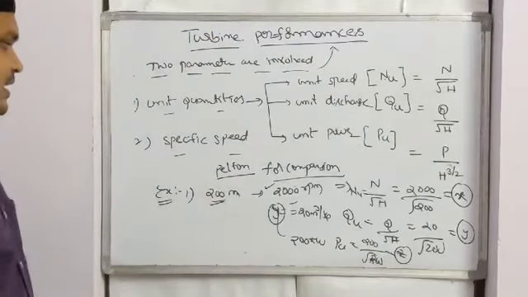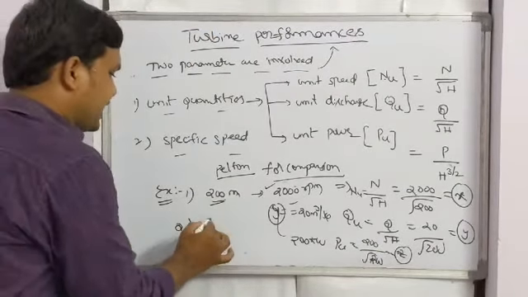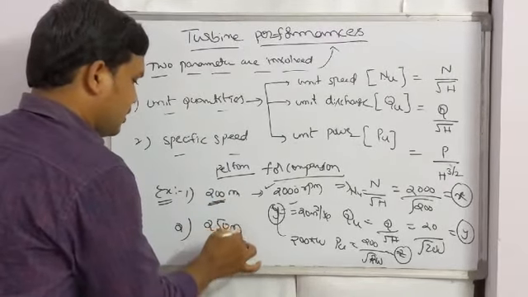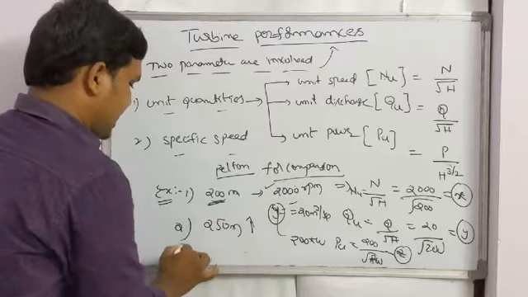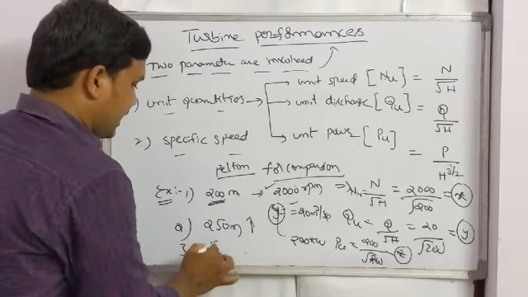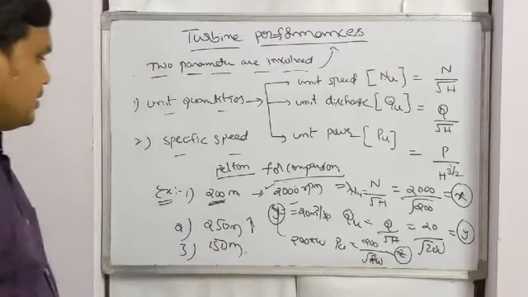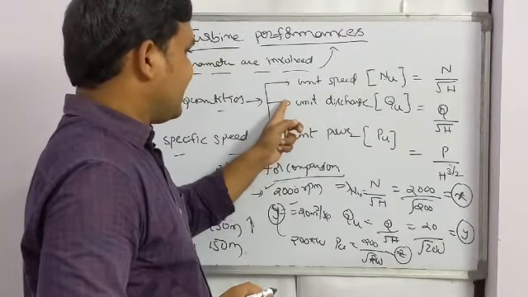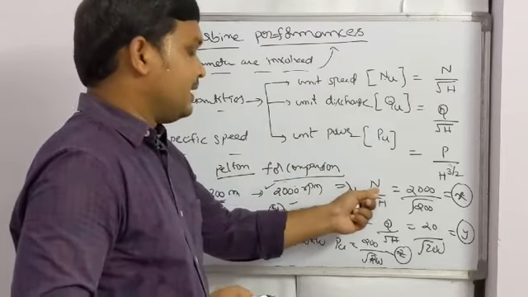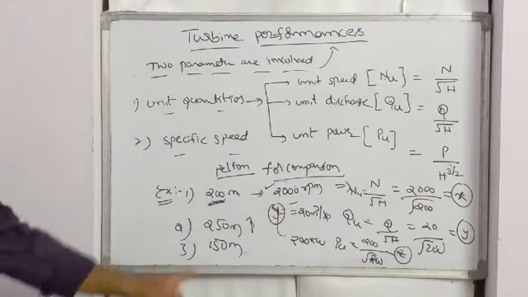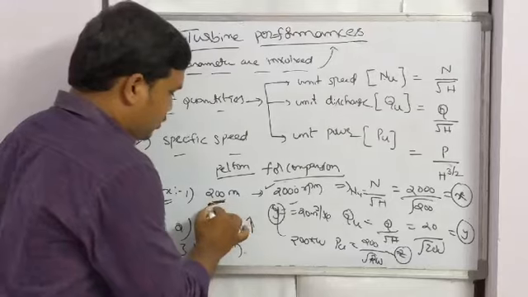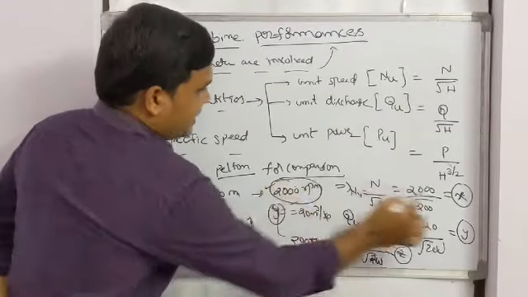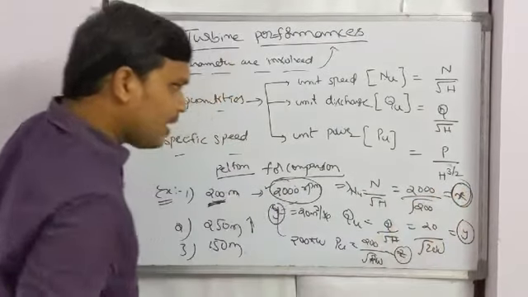For the same Pelton wheel turbine, now I am giving a supply head of 250 meters. The head increases here. Another one may be a head of 150 meters. By using these unit quantities, we may find out the speed developed by the turbine. At 200 meter head it rotates at 2000 rpm, so we obtain X amount of unit speed.